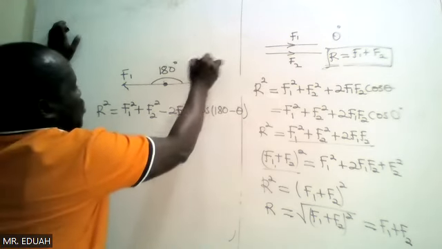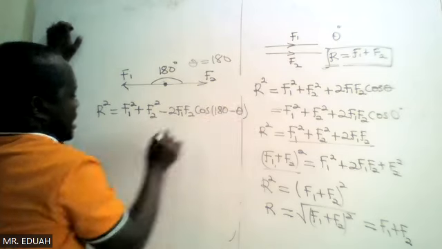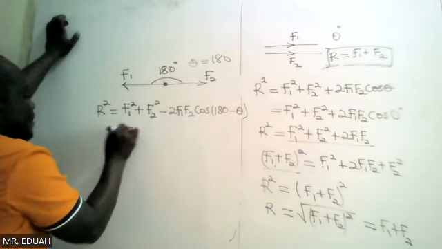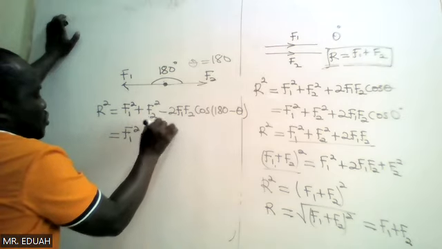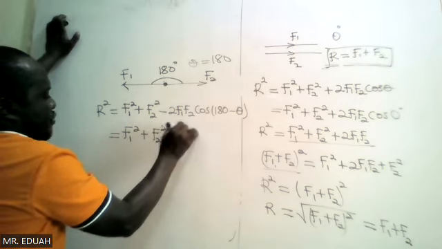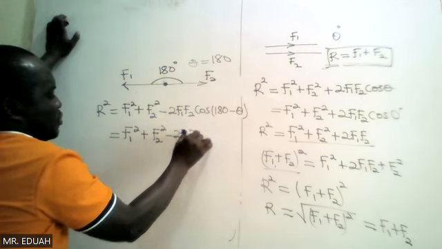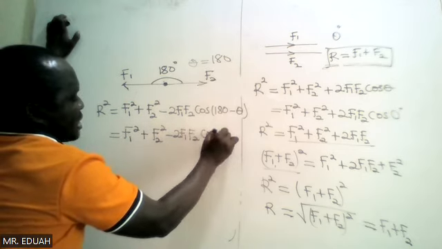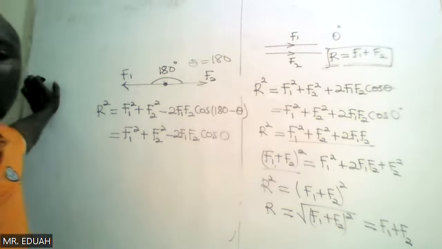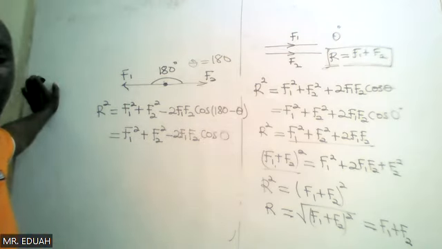Theta here is equal to 180. Put it in. You have F1 squared plus F2 squared minus 2F1 F2 cos of 180 minus 180. So this is 0. Cos 0 is 1.